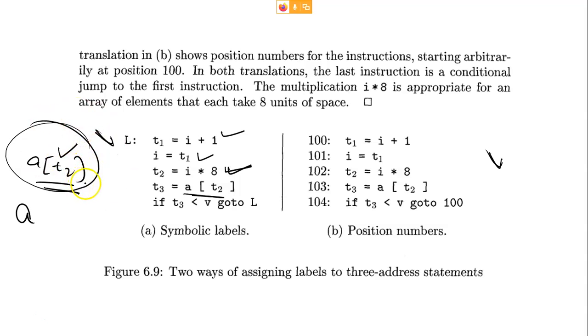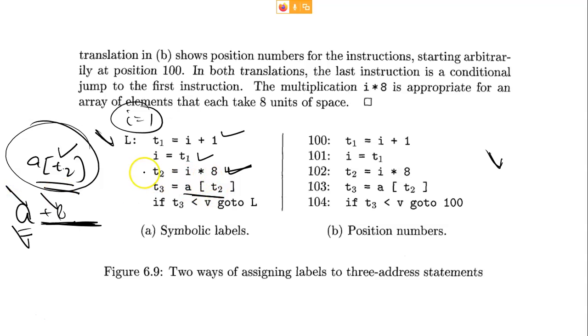In the index addressing mode we have a base address and some displacement, so this T2 will work as a displacement. For example, let's assume I equal to 1, then this T2 will be 8 and this will mean A plus 8. This 8 is the displacement from this A.